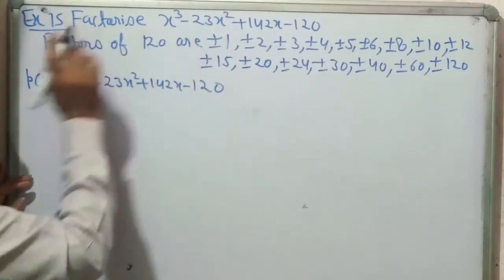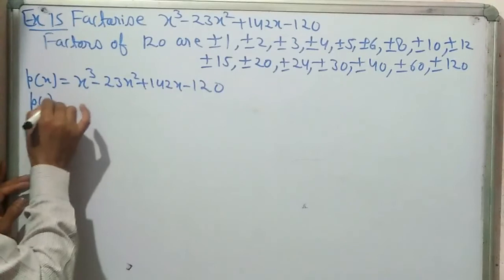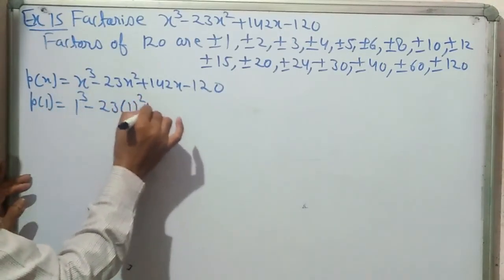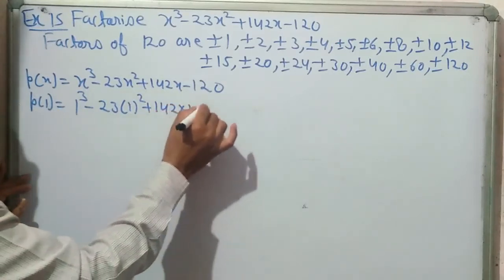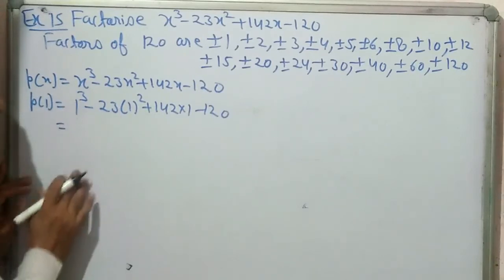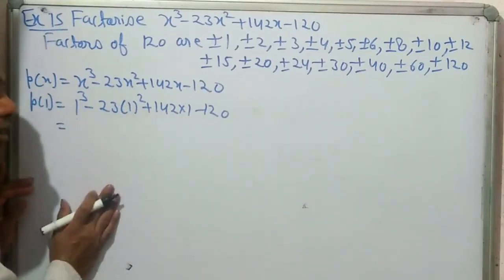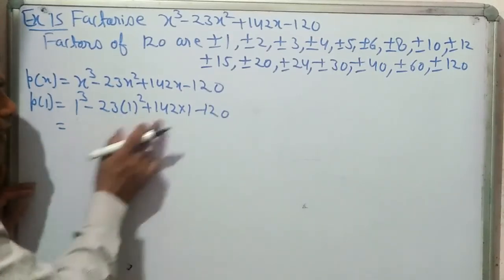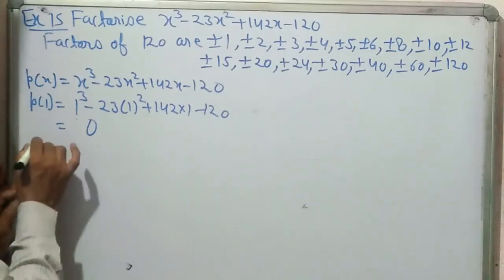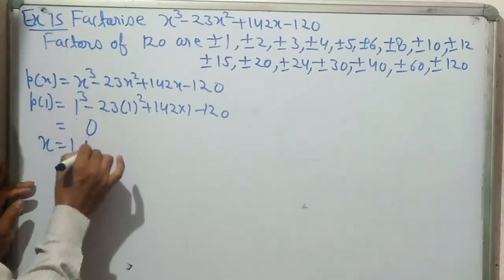First we find P(1). We get 1 cube minus 23 into 1 square plus 142 into 1 minus 120. Is that giving us 0? Negative 143, positive 143. So the net is 0. So x equals 1 is a zero.